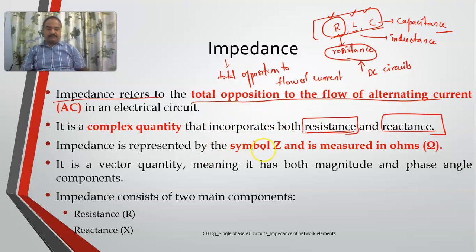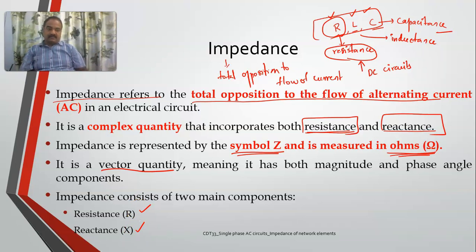It is often represented by the symbol Z and is measured in ohms. And impedance is a vector quantity, so it has a magnitude and also a phase angle. As already said, there are two components in impedance: one is resistance and the other is reactance. That I will show you now.